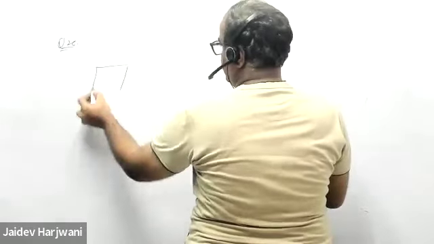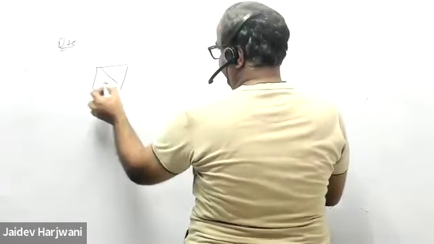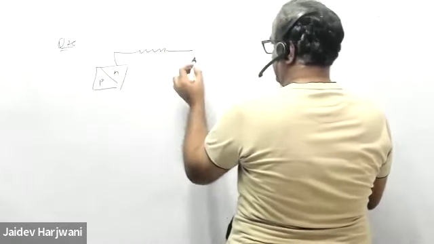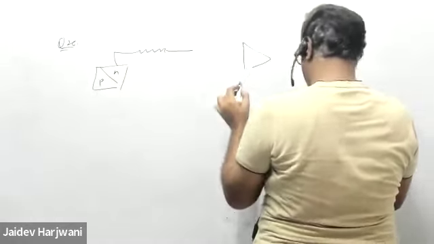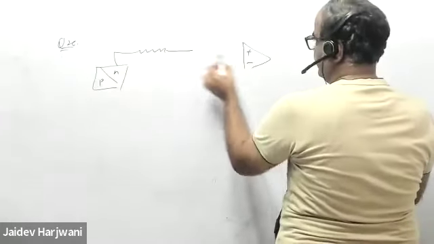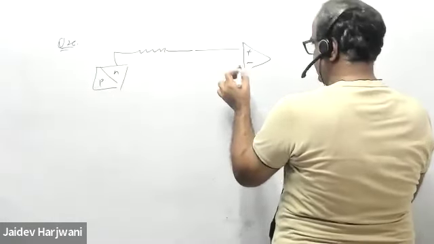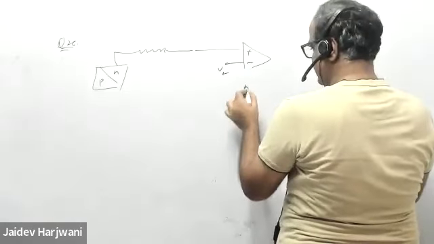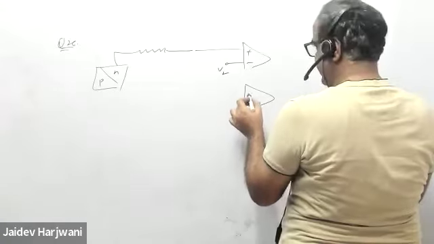This is your PN, and this is your op amp given here, plus minus. This is your V2 and this is your V1.